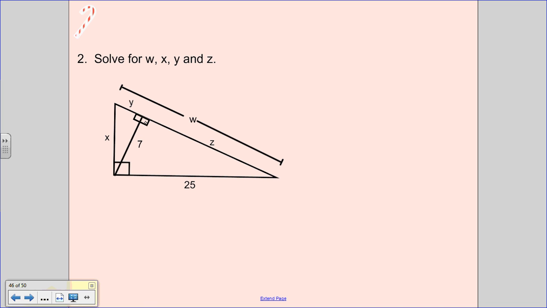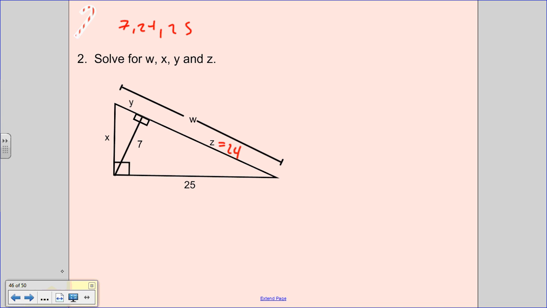The hypotenuse of it is 25. This is a Pythagorean triple, 7, 24, 25. And so that means z is equal to 24, which is great. Again, if I didn't memorize that, I could use the Pythagorean theorem and figure that out.